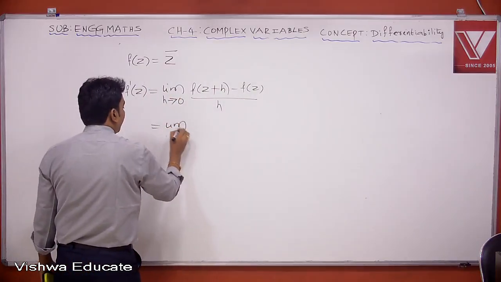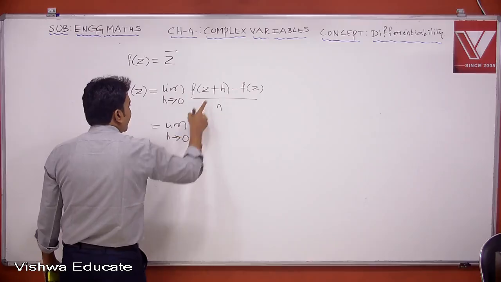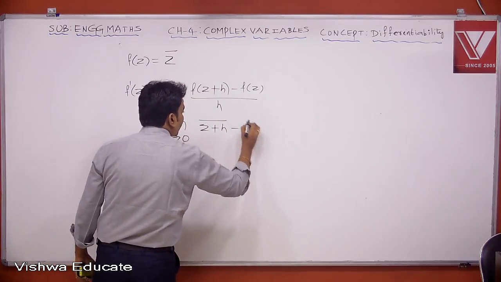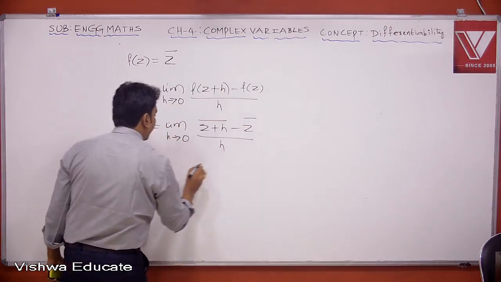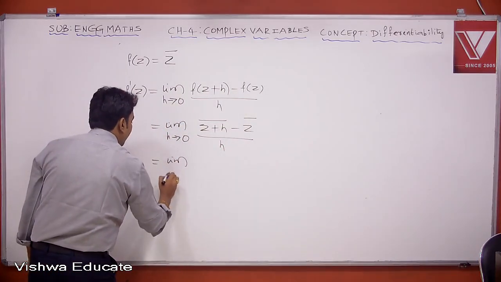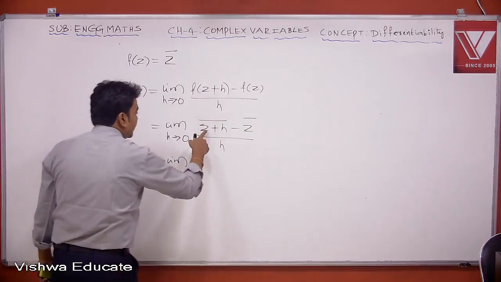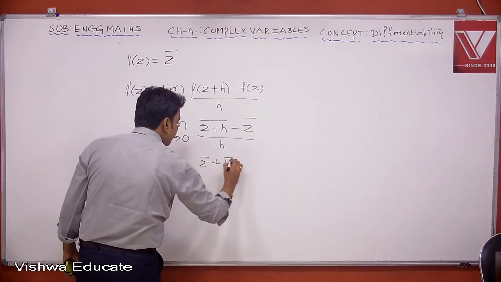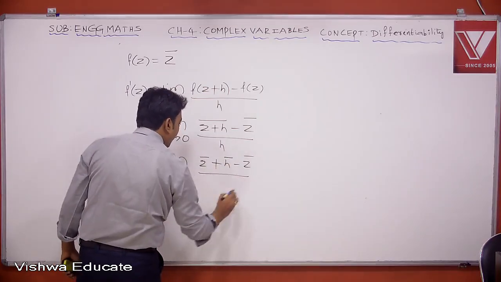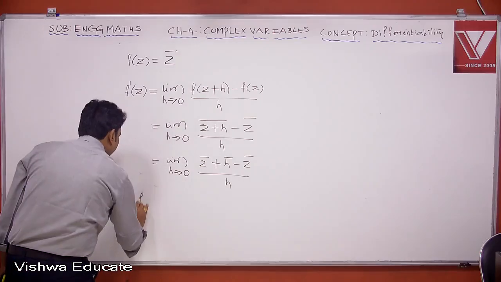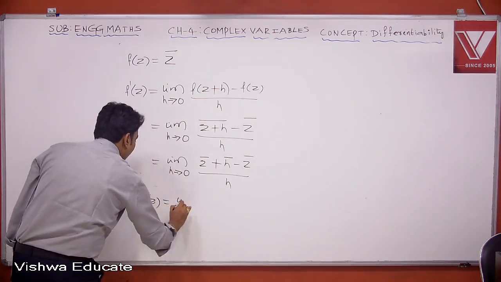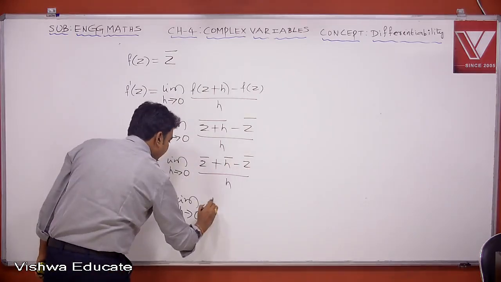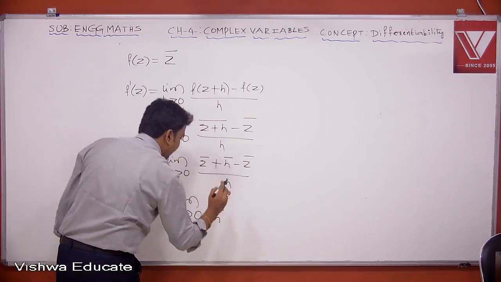Therefore this is limit h tends to 0, f of z plus h is z plus h whole bar minus f of z means z bar divided by h. Therefore this is limit h tends to 0, z plus h whole bar. So therefore this is z bar plus h bar minus z bar divided by h. Therefore this f dash of z equal to limit h tends to 0. This z bar minus z bar will be cancelled. We get h bar divided by h.